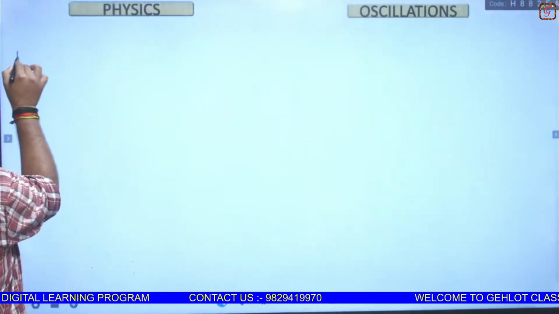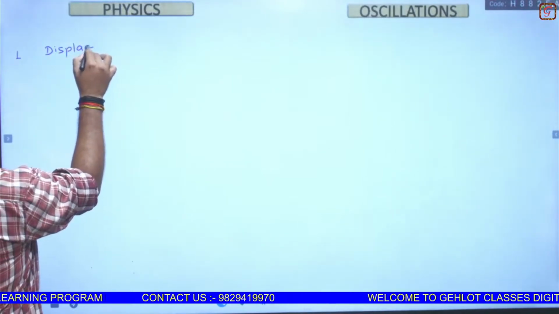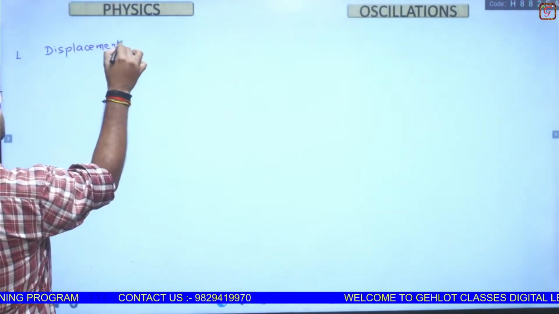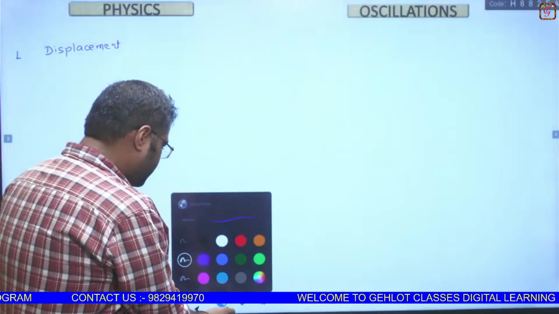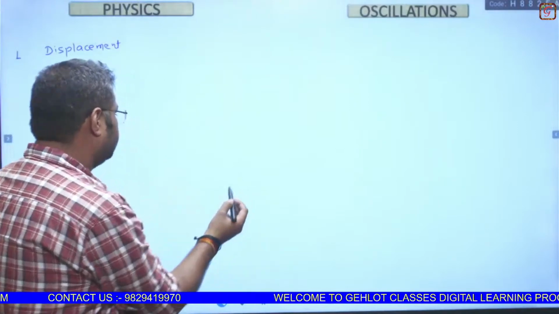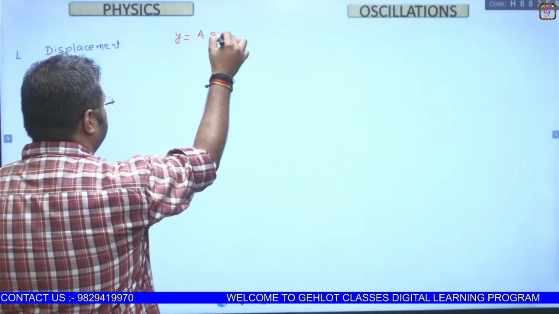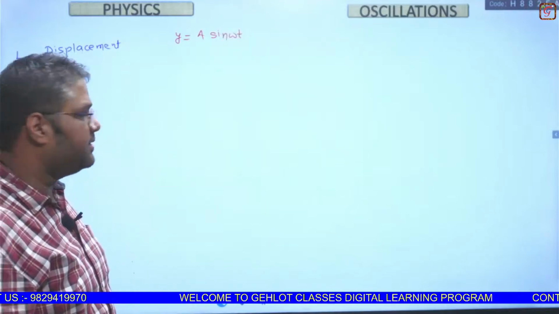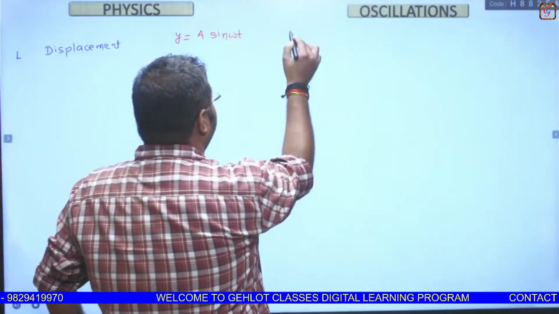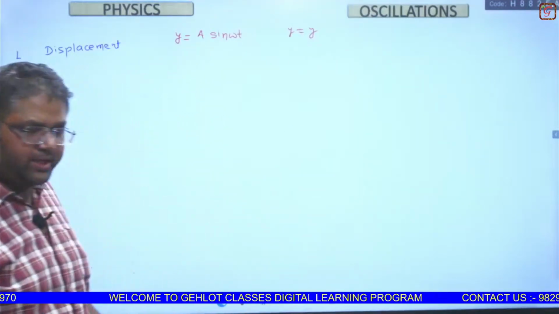Serial number 1 is displacement. The displacement can be written as y = a sin omega t in terms of t, and in terms of displacement, y = y.